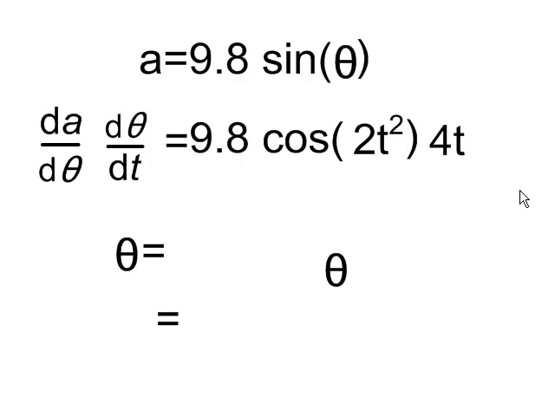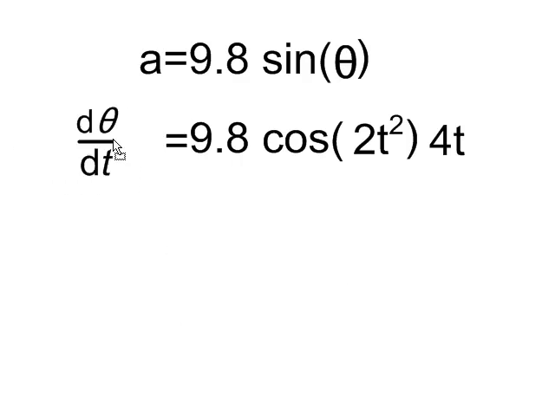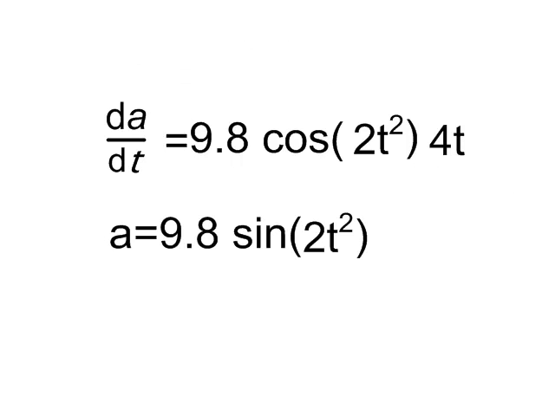So there's my complete expression for dA dt. And of course I can refine this a little bit on the left-hand side. There. dA dt is equal to 9.8 times the cosine of 2t squared, times the derivative of the inside, 4t. And just compare that to the original expression, a equals 9.8 times the sine of 2t squared. You'll see that actually the chain rule isn't all that intimidating in the end.